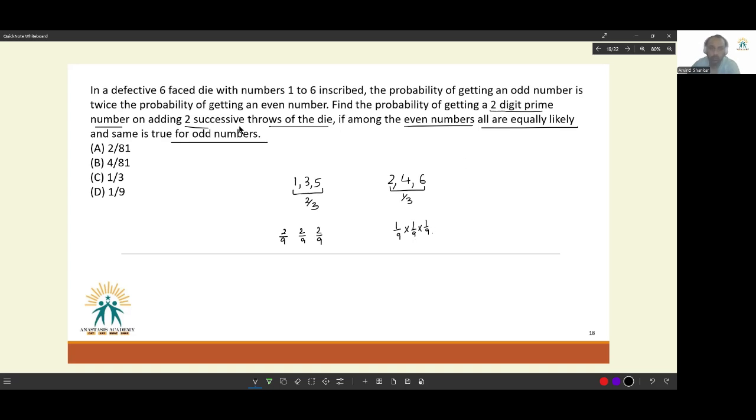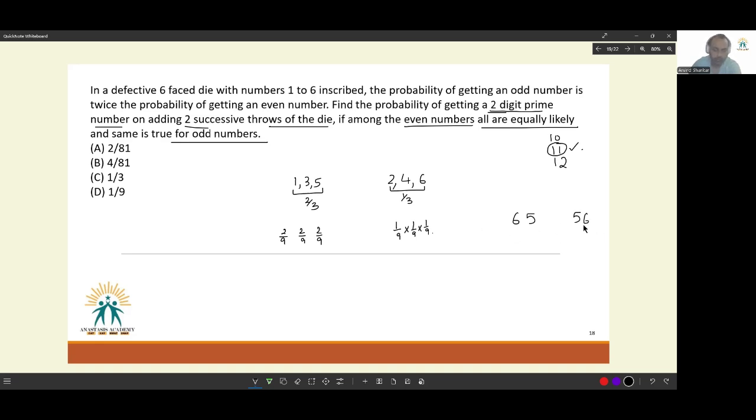Okay. Now, see, we are looking to find the probability of getting a 2-digit prime number. The maximum sum you can get is 12. The second highest sum you can get is 10. The third highest sum you can get is 9. And after that, all single-digit numbers will come. So the only 2-digit prime number available is 11. So we either need a 6, 5 or we need a 5, 6.